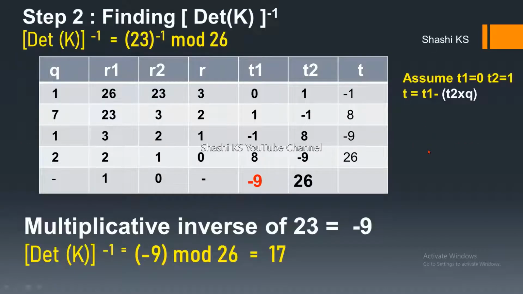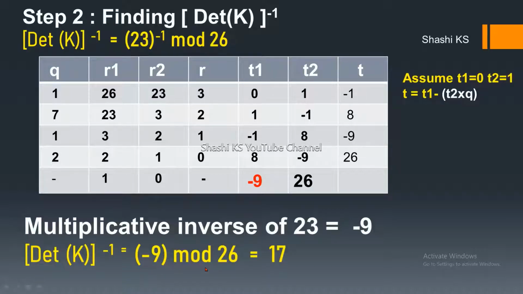The next step is, we have found out that the value of determinant of K is 23. We need to find out the inverse of 23. To find the inverse of 23, we have to use the extended Euclidean algorithm. Just now we saw how we have to formulate the tabular column and how we have to calculate. So we found out the modular inverse of 23 as minus 9. All operations are performed mod 26 here.